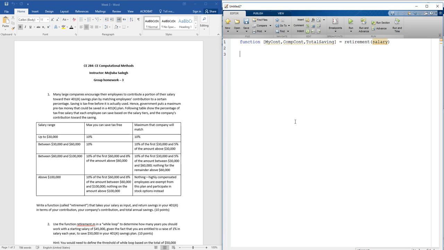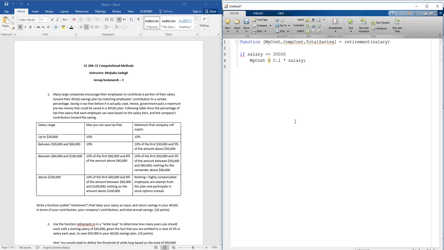Starts with if it is less than $30,000. If salary is less than or equal to $30,000, my contribution is basically 10%. 10% is 0.1, right? So 0.1 times salary is my contribution.